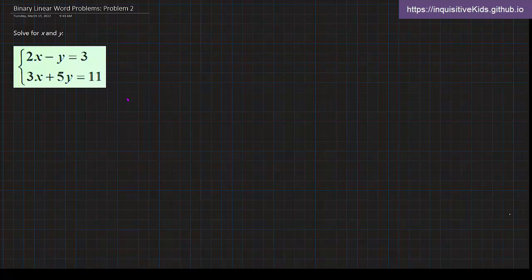Well, if we're going to get rid of one variable, we're going to have to cancel it out, right? Canceling out things is a very, very important way of thinking that you need to master, especially when doing functions.